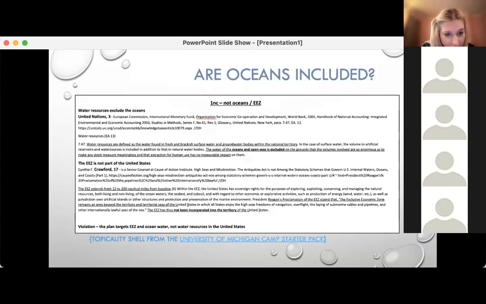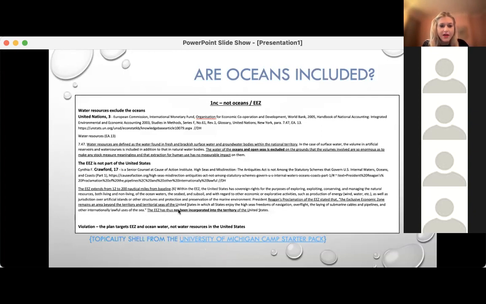So the EEZ came from the Reagan era. Reagan was the one who proclaimed the exclusive economic zone. This set a global norm where everyone considers that 200 nautical miles to be their exclusive zone.